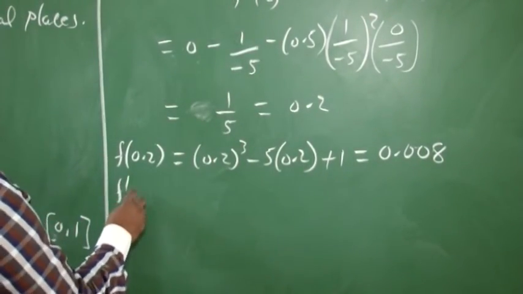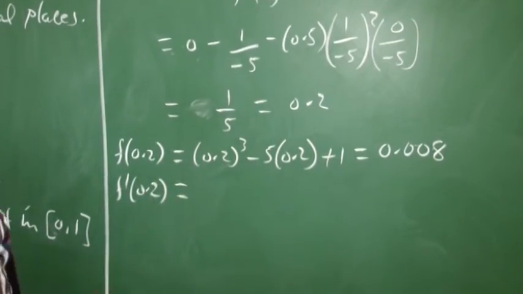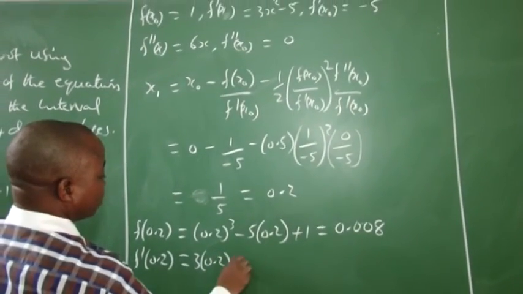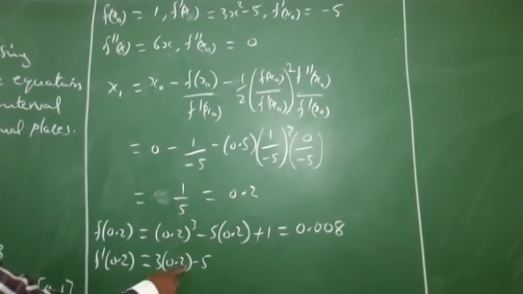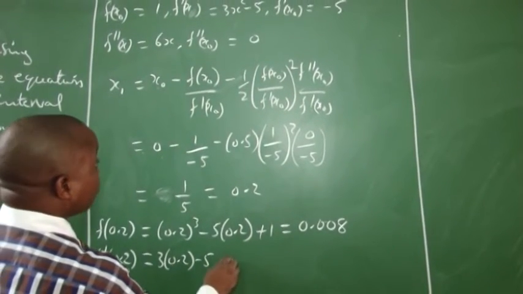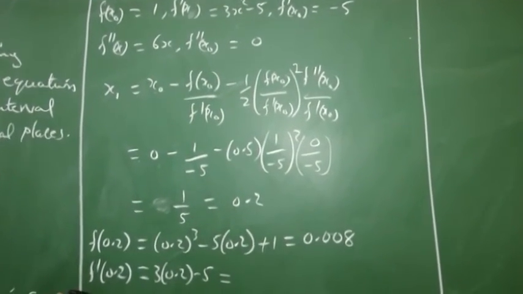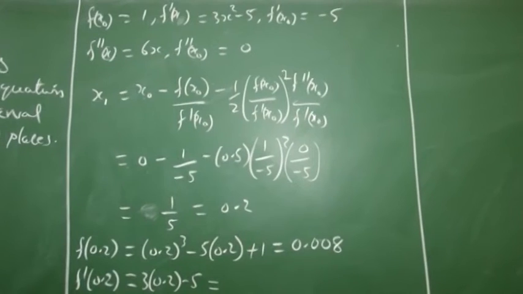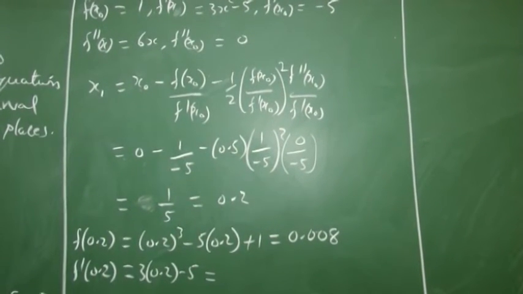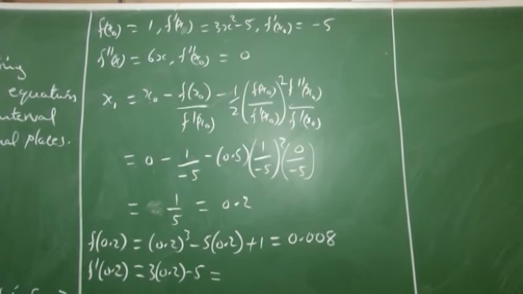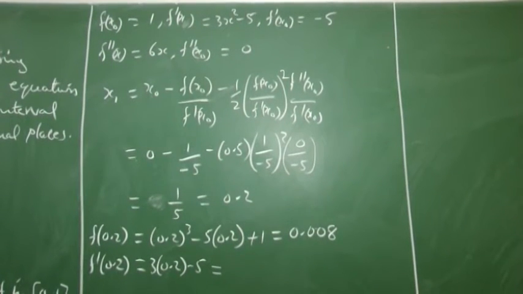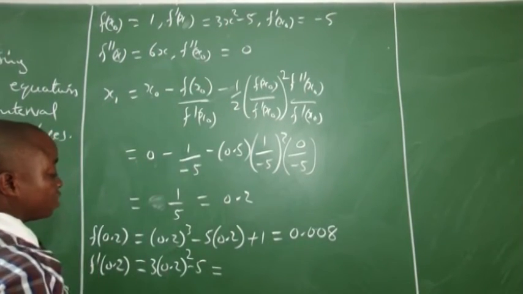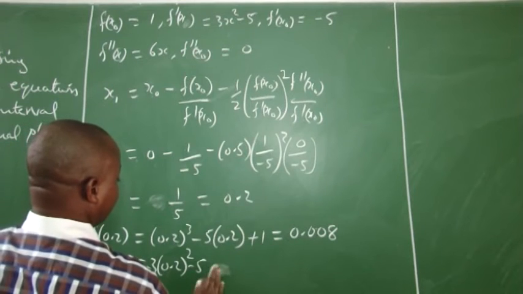Now, f prime of 0.2 is 3 times 0.2 square minus 5. This is square because if you differentiate it, we have 3x squared minus 5.